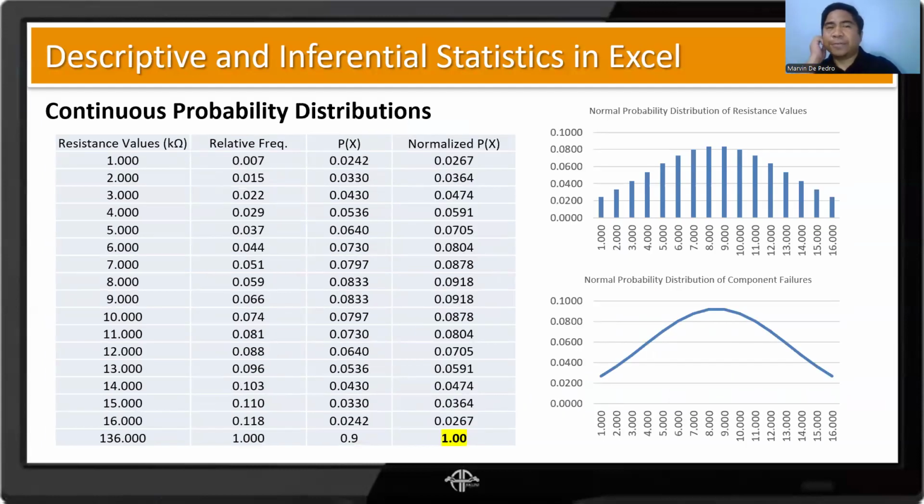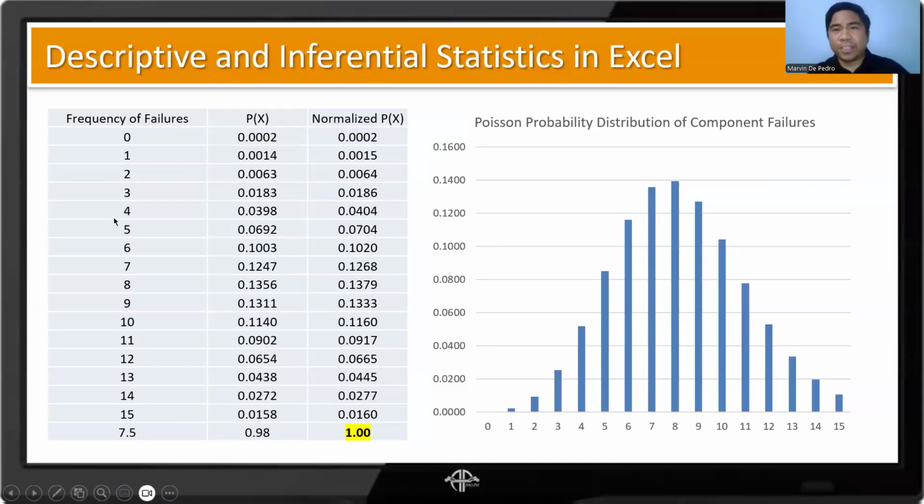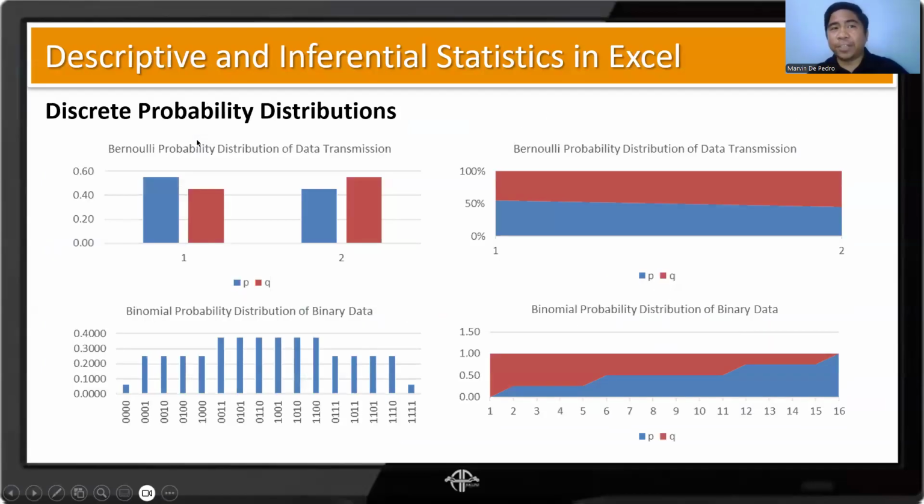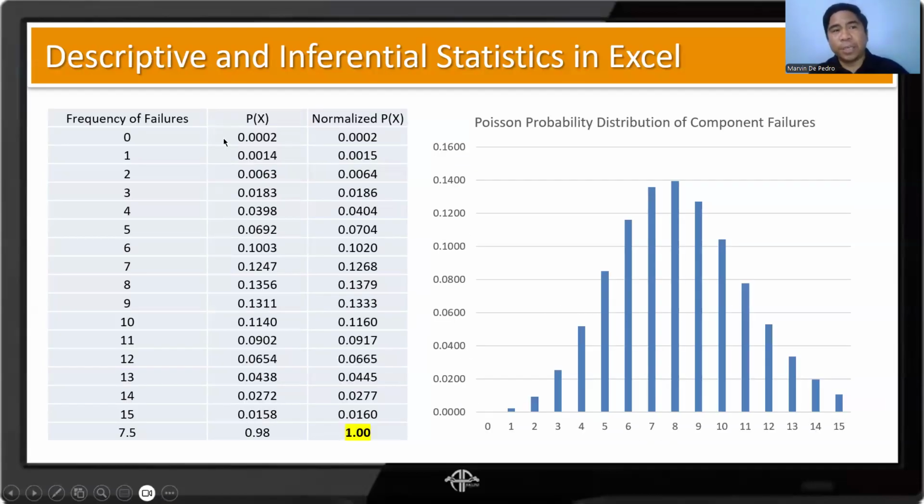Now, on the continuous side, as you can see, this is still part of discrete probability distribution, because the data that we handle here are discrete in form, such as the counting numbers or the frequencies.